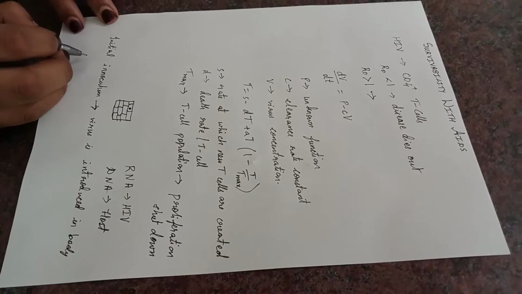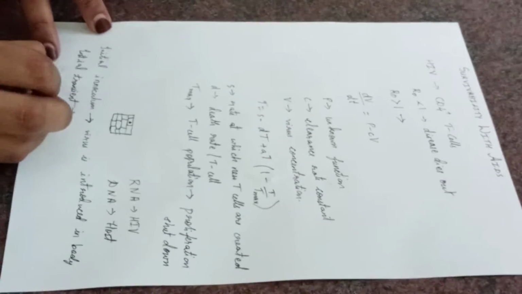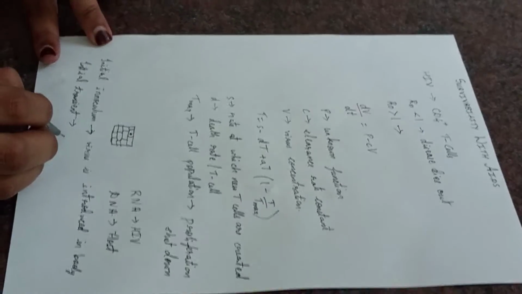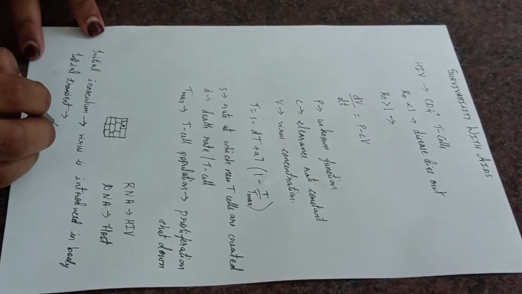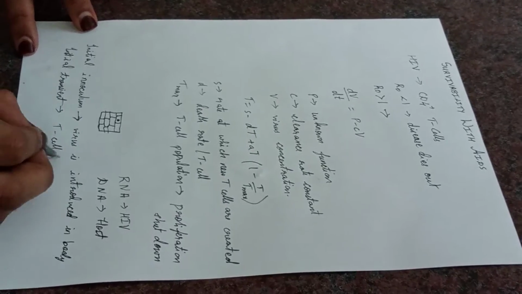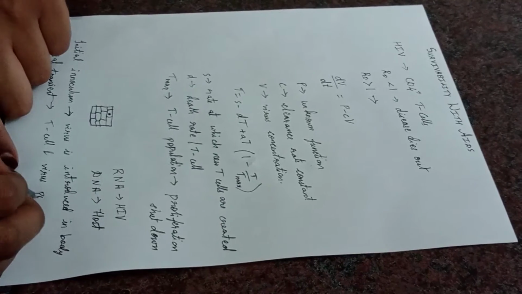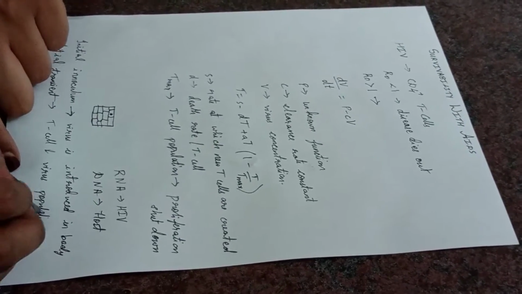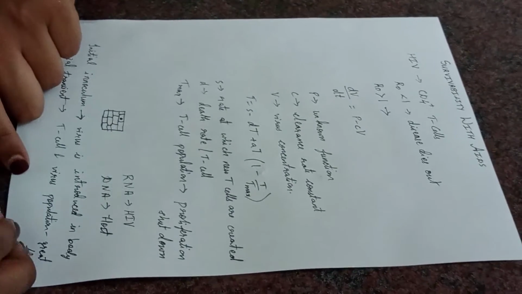Now the second stage is the initial transient. Over here, it is a relatively short period of time when both the T cell population and the virus population are in great flux.